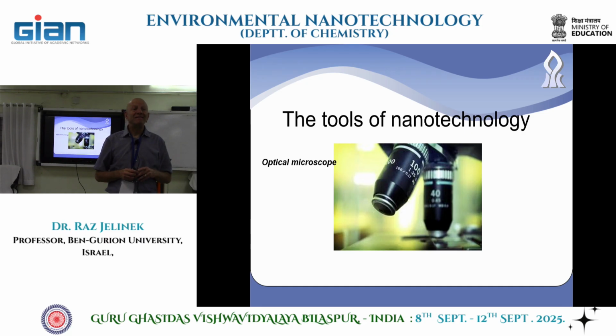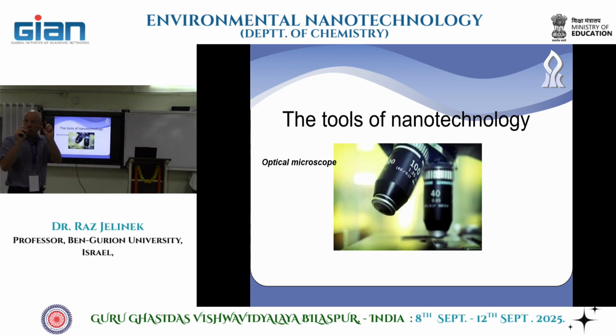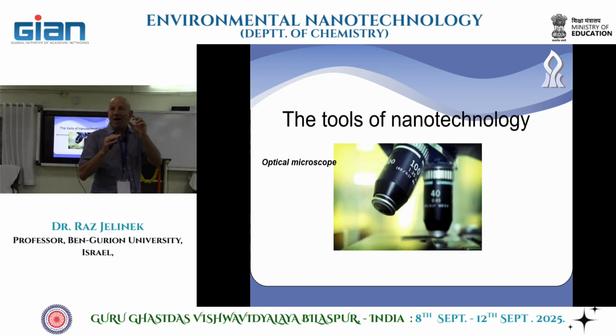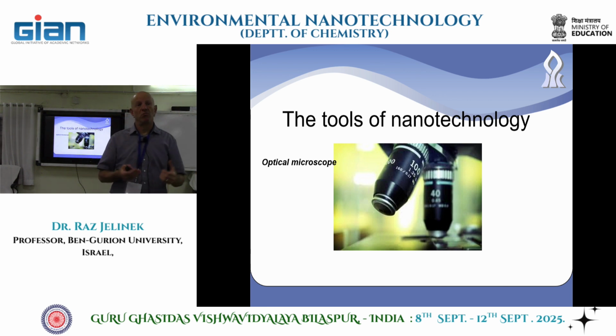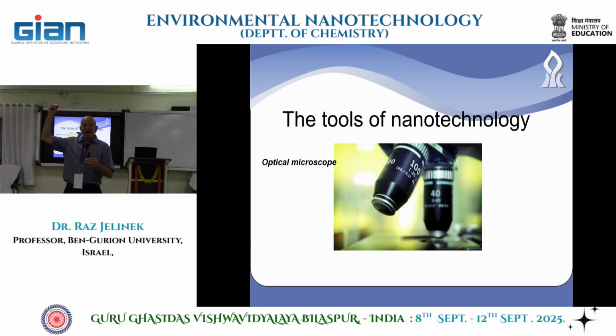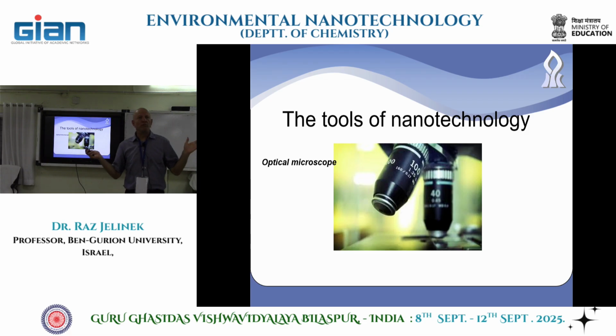The answer is low resolution. With an optical microscope, the smallest thing that you can see is maybe 10 microns, 10,000 nanometers. This is because the light that goes to the microscope cannot resolve small nanoscale materials. So an optical microscope is not good for us.